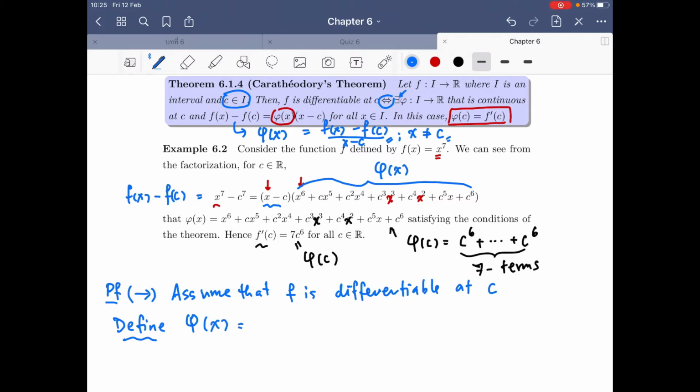So your phi can simply be this quotient, because this is what we need, right?